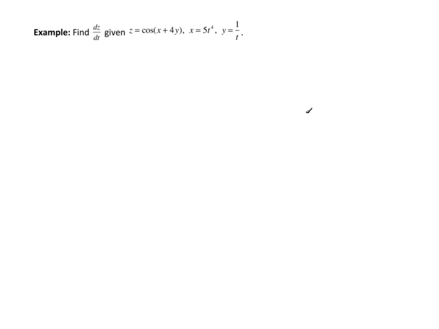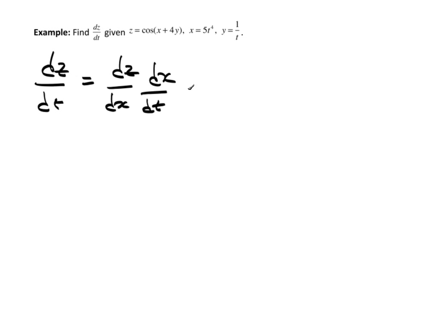So let's take a look at an example here. I want to find dz/dt given z equals cosine of x plus 4y, where x is 5t to the fourth and y is 1 over t. Now, as a reminder, dz/dt will equal dz/dx times dx/dt plus dz/dy times dy/dt, and actually we should rewrite these not as straight derivatives, but as the partials.